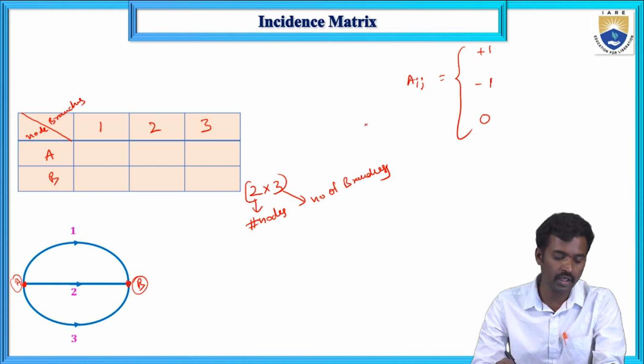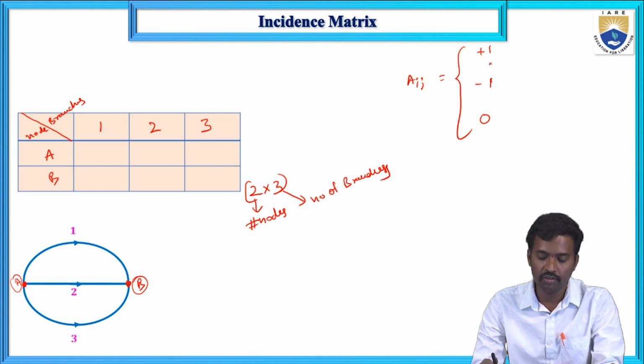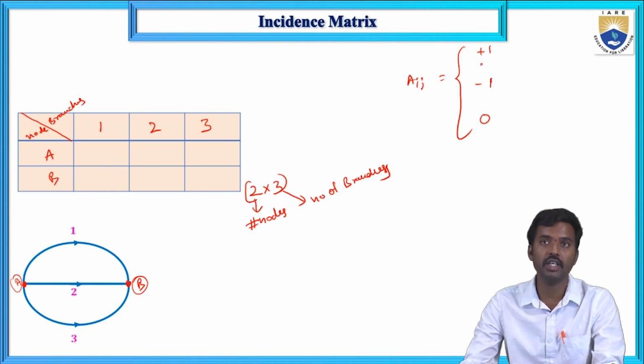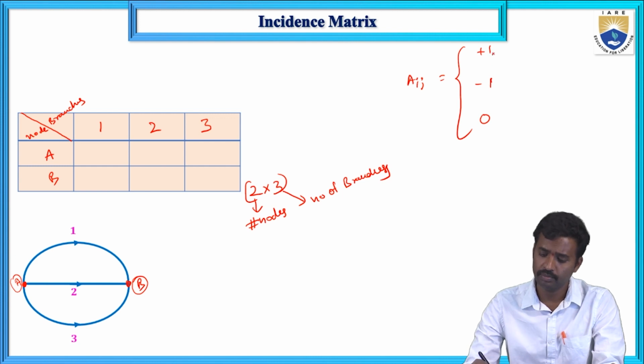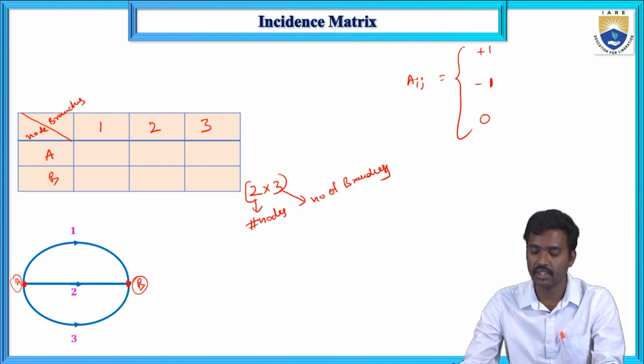At node i, if the branch orientation is leaving away from the node, that is +1, and if it is entering the node, that is -1. If the branch is not associated with the node, the value is 0. Now fill these three values.